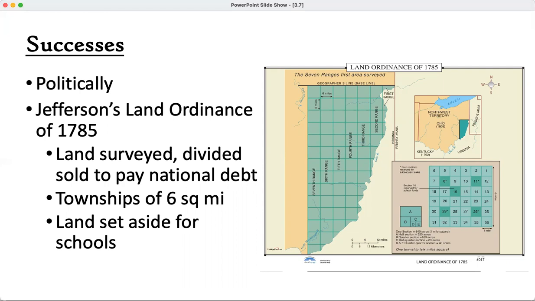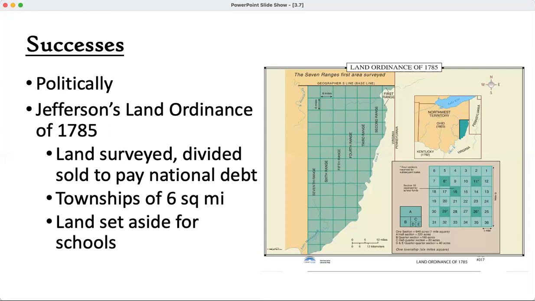Well, you have Thomas Jefferson's Land Ordinance of 1785, and then you're also going to have the Northwest Ordinance of 1787. These land ordinances are important because one of the things that will result from the American Revolution is a bunch of new land in the West.